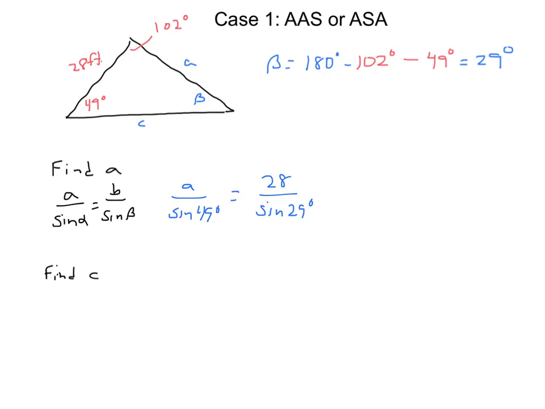Solving that, I multiply both sides by the sine of 49, and I find that A equals the sine of 49 degrees times 28 over the sine of 29 degrees. All I have to do now is put that into the calculator, and I come up with about 43.59. In this case, the units are feet, so 43.59 feet.